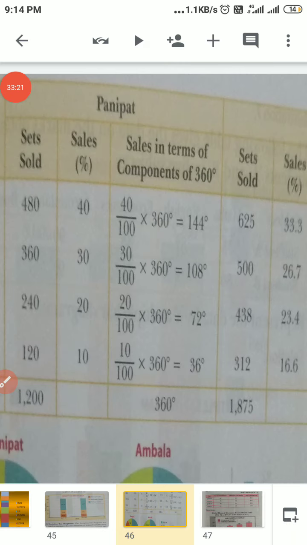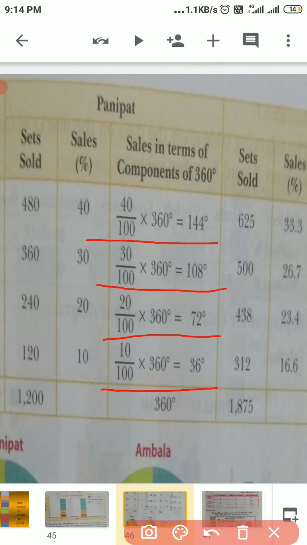So every time we are dividing it by 100: 40 by 100, 30 by 100, 20 by 100, then 10 by 100. Every time by 100, because this percentage is equal to 100, then it is multiplied by 360 degrees to find out the degree of the angle which will sit in the circle one after one.